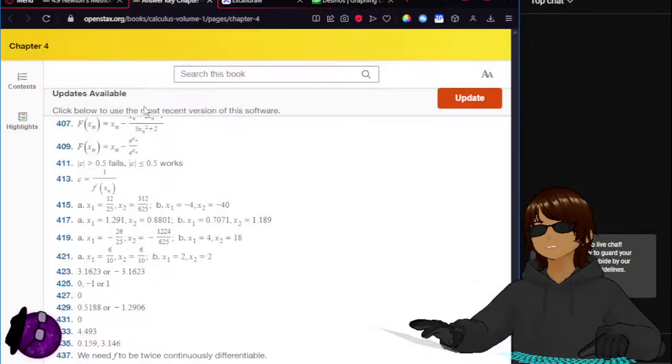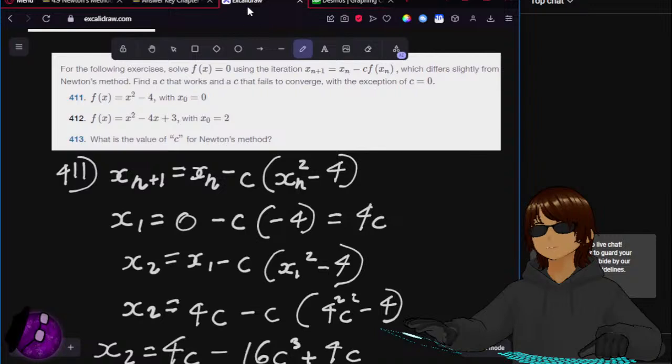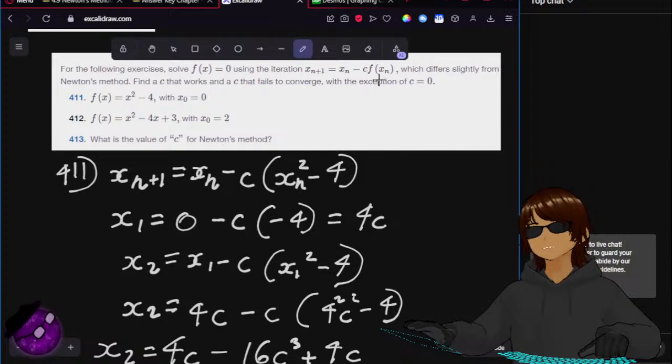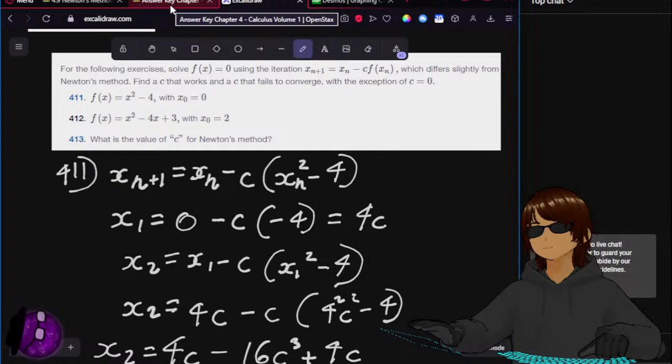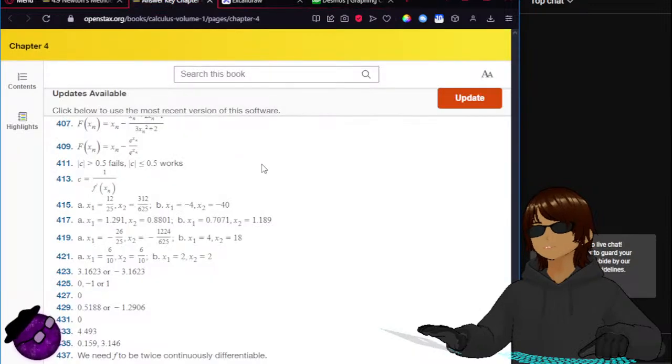Okay, question 143. This I understand, but it's not clear to me what they're asking. So C is 1 over the derivative of... this would be 1 over 2x. Okay, I have no clue.